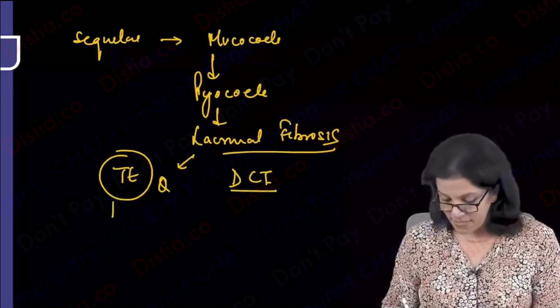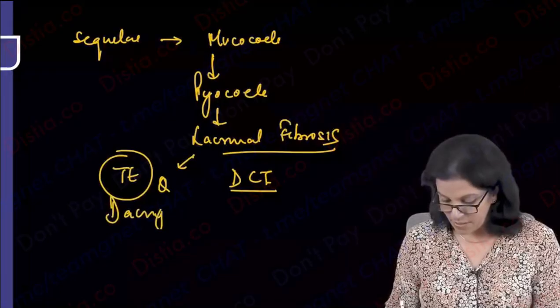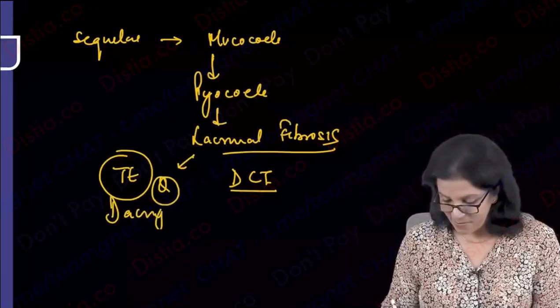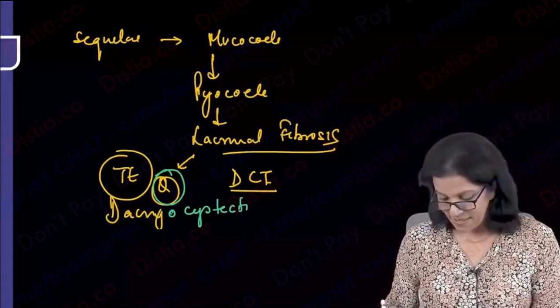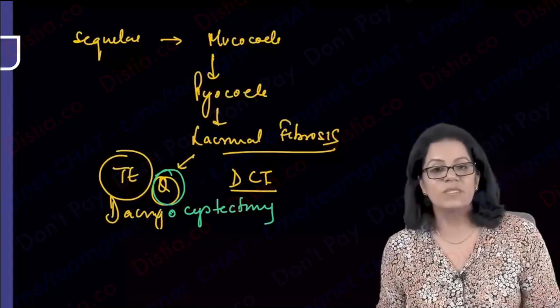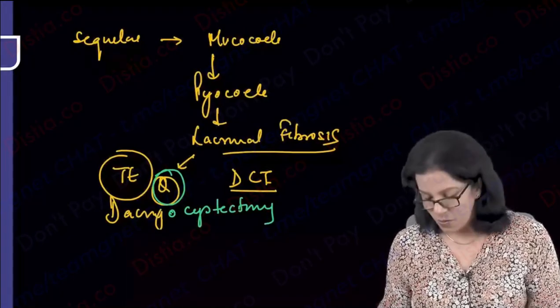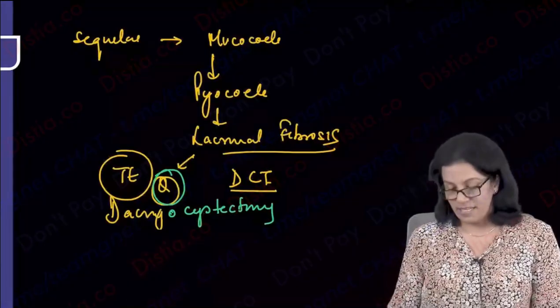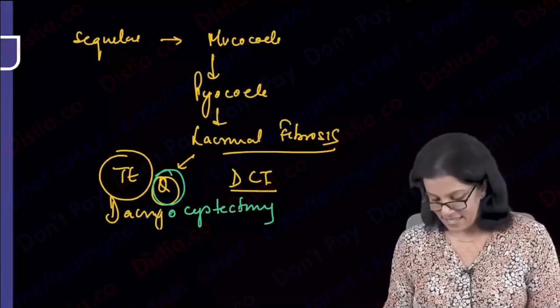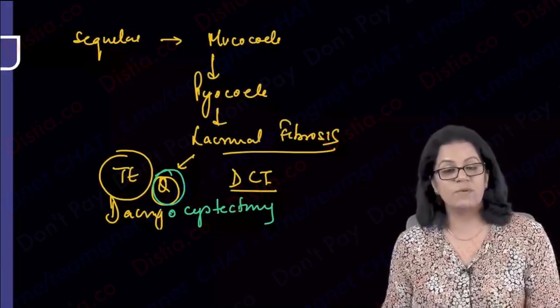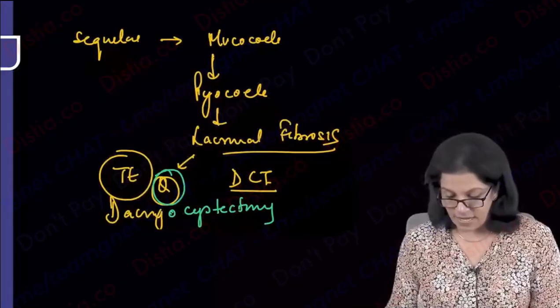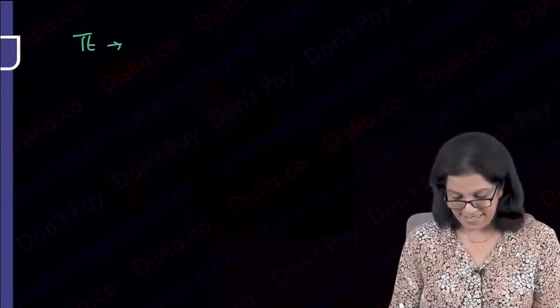DCT stands for dacryocystectomy. So that was about chronic. Generally the treatment is DCR, but if it's lacrimal fibrosis, we do DCT. Otherwise, if they ask what is the treatment, it is DCR.